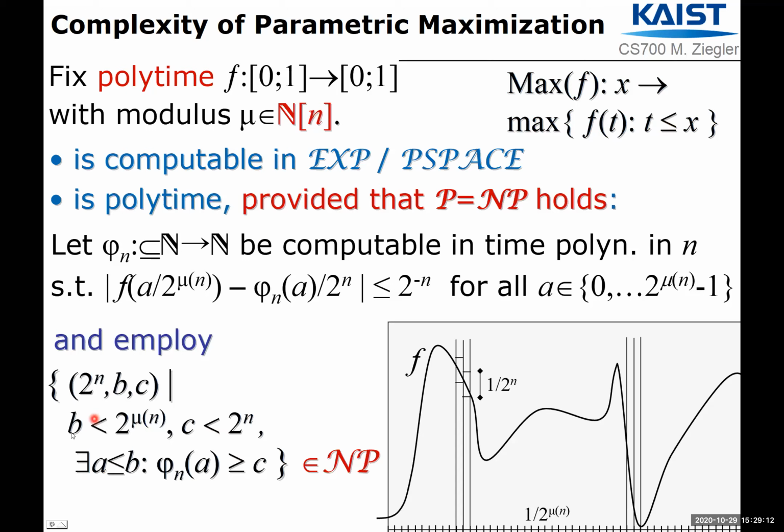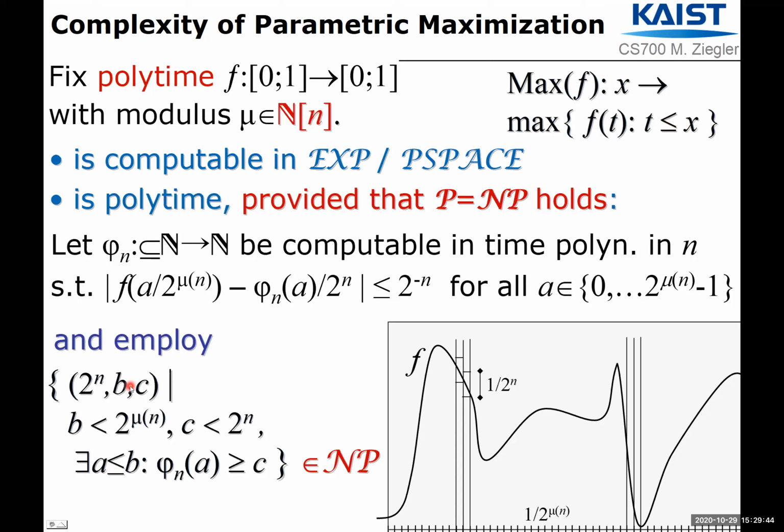Well, let's first look at the binary length of the argument. The binary length of the first part is n, that's how we design it. The binary length of the second part is up to mu of n, since the value is up to 2 to the mu of n. And the binary length of c is n, so that the binary length of the overall input, it's a discrete decision problem.